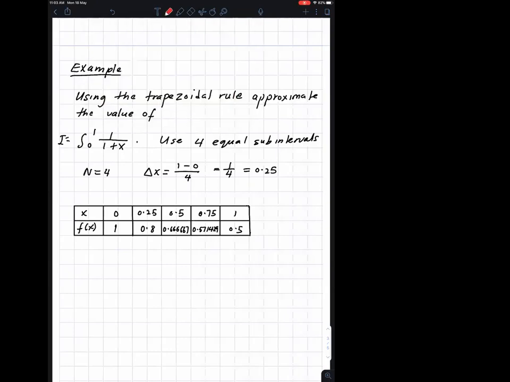So this is like 1 over 1 plus 0, and this is 1 over 1 plus 0.25, and this is 1 over 1 plus 0.5.